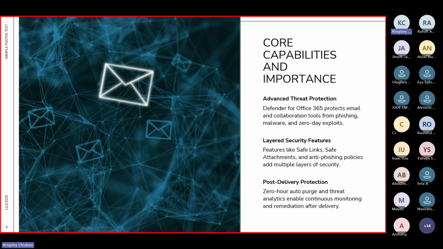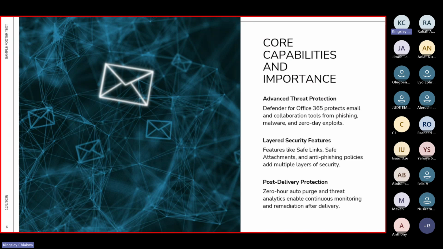Layered security features. Features like safe links, safe attachments, and anti-phishing policies add multiple layers of security. Safe links are used to protect the links which people click on.